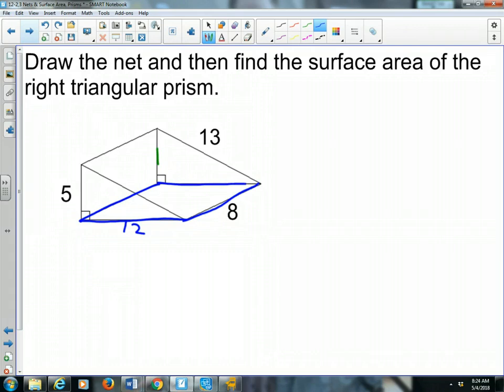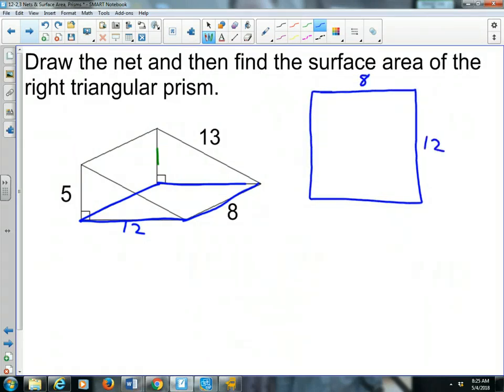All right, so I'm first just going to draw this net by placing this on my net first. It's an 8 by 12. So I'm going to go 8 by 12. So just approximate this with me. This distance is 8. This distance is 12. And with triangular prisms, I like to put the rectangles on there first, and then the triangular bases I put on at the end. So then I'm going to fold this side down, which is a 5 by 8. So 8 by 5.